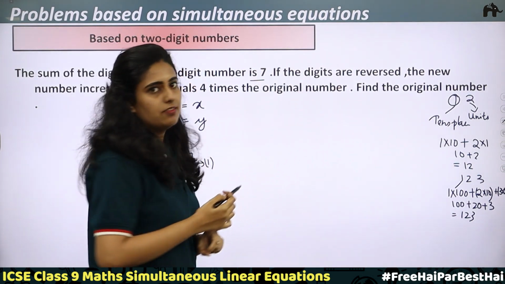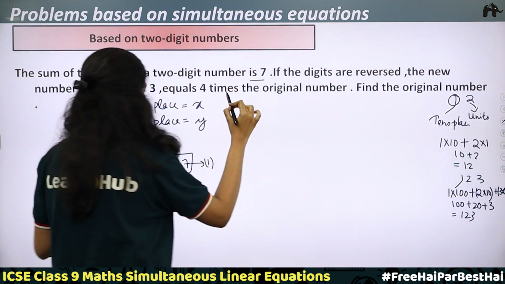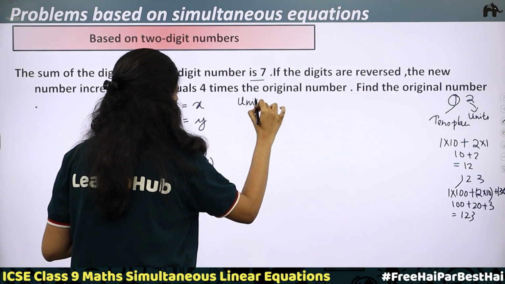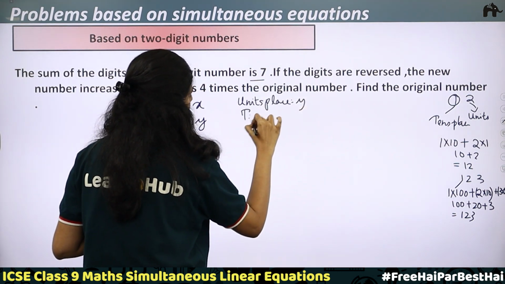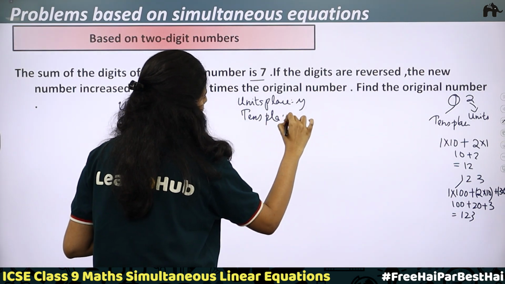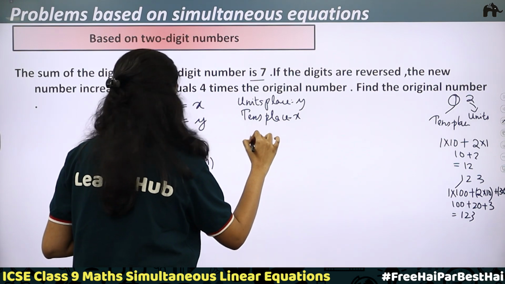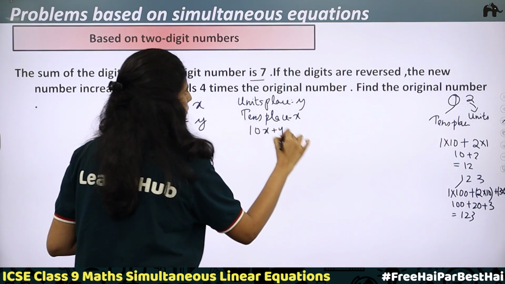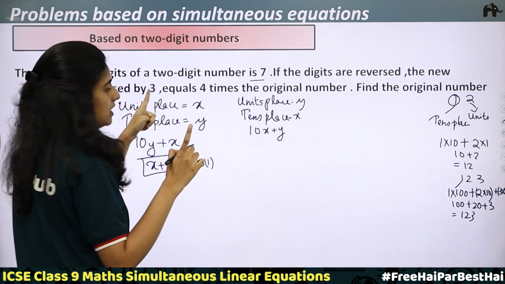If the digits are reversed, what happens? So when the digits are reversed, you will be having in the units place y and tens place x. Okay. Then the number will be 10x plus y. Okay. The new number is increased by 3.